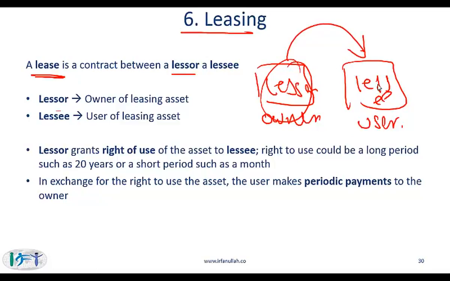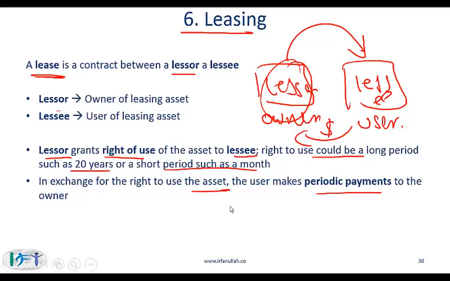The lessee uses the asset and then makes payments to the lessor. The lessor grants the right of use of the assets to the lessee. The right to use could be a long period such as 20 years or even a short period such as a month. So this would be a simple rental. In exchange for the right to use the asset, the user makes periodic payments to the owner.